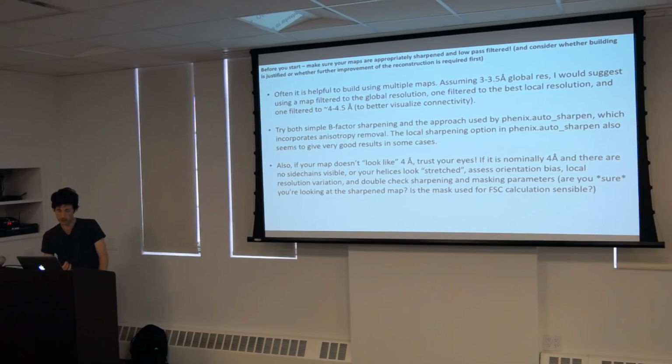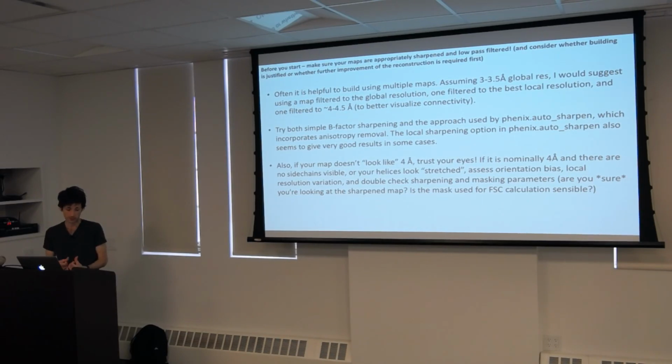For map modification, I would try multiple methods. So simple B-factor sharpening works great. But I find in my experience that the approach used by Phoenix Auto Sharpen has been a lot better in a couple of recent cases. I'm not entirely sure why, but I think it's because that incorporates an anisotropy removal step in that process.